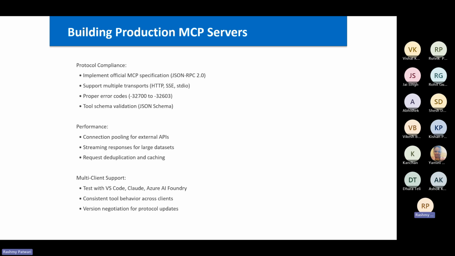Then what else have we got here? Yeah, protocol compliance. We spoke about this a couple of slides back. Protocol compliance means that JSON RPC is pretty standard at this point, and that has to be supported. But there are other protocols as well, which we need to consider as required.